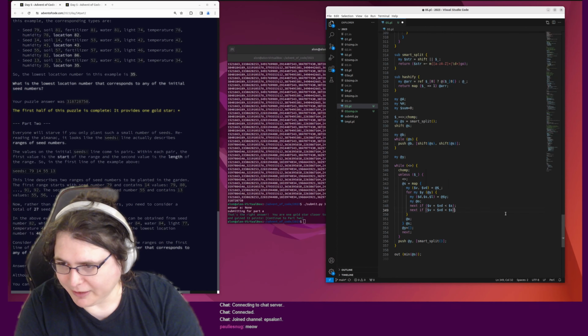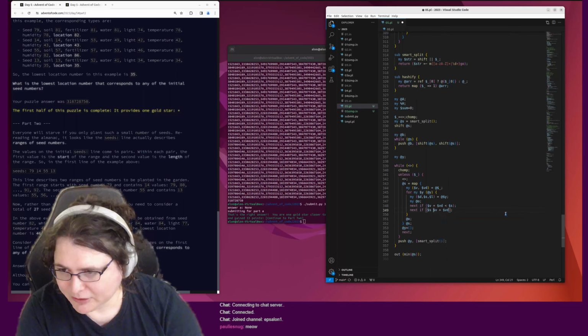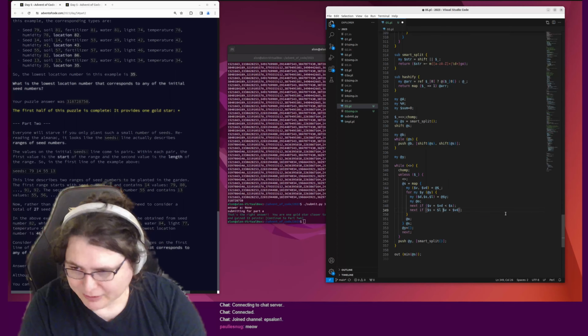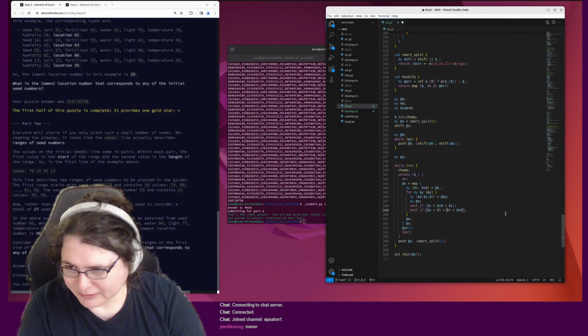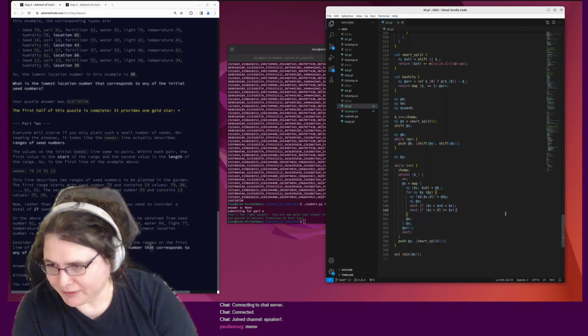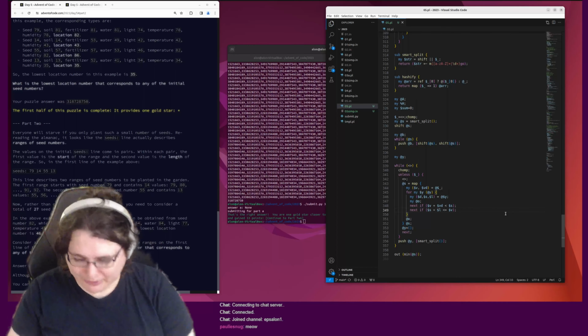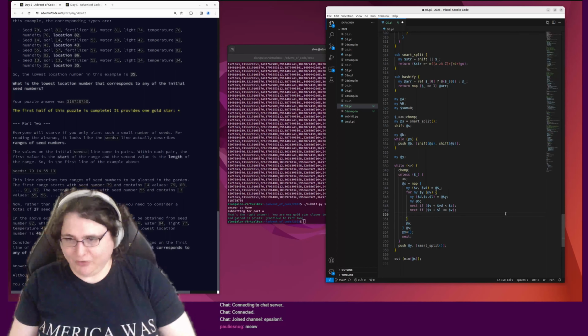Also, if the end, which is start plus length, is less than or equal to your current value, then you're again outside of the realm. Otherwise, you're within the realm.